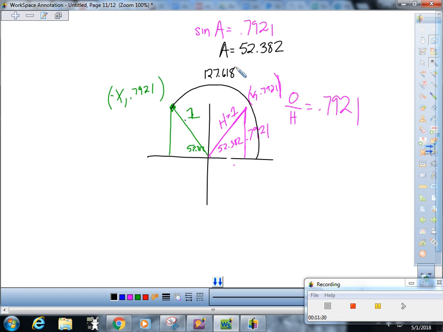All right, so look, this is great. This ties up everything we've learned in this chapter. First of all, in your calculator, do sine of 52.382. It's about 0.7921, right? Now, do sine of 127.618.